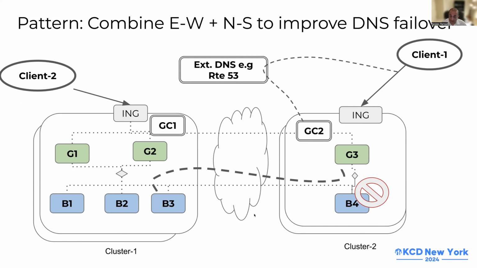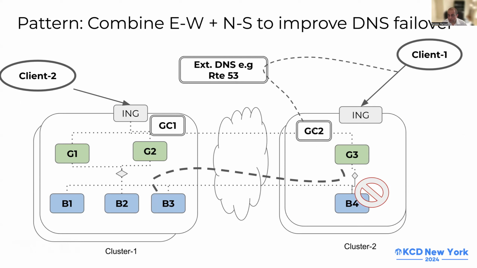But it is subject to the issues of the client's DNS behavior being inconsistent, and so the failover times being somewhat unpredictable. So to address that, you could do both. You could decide that I'm going to do north-south load balancing using the global load balancing cluster controller as before, and do the DNS load balancing.